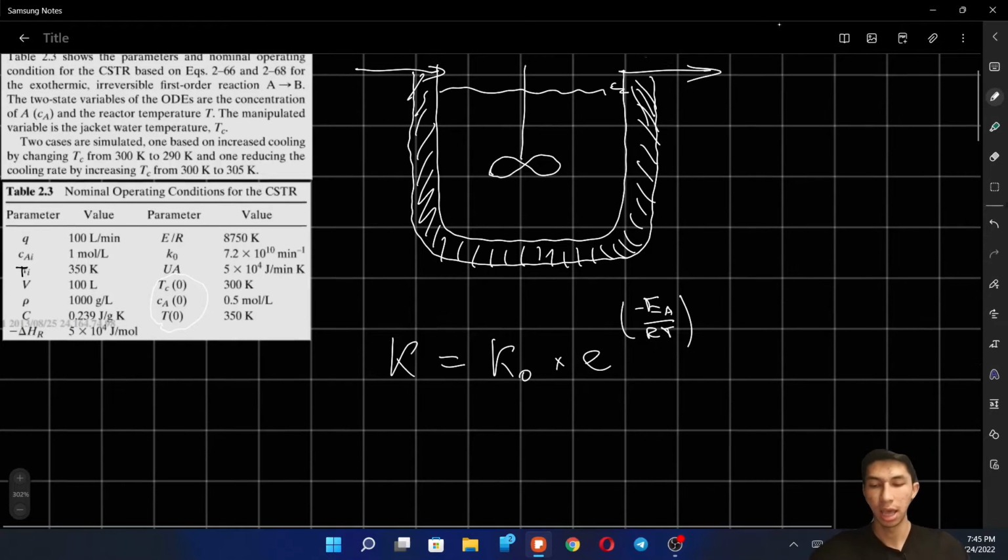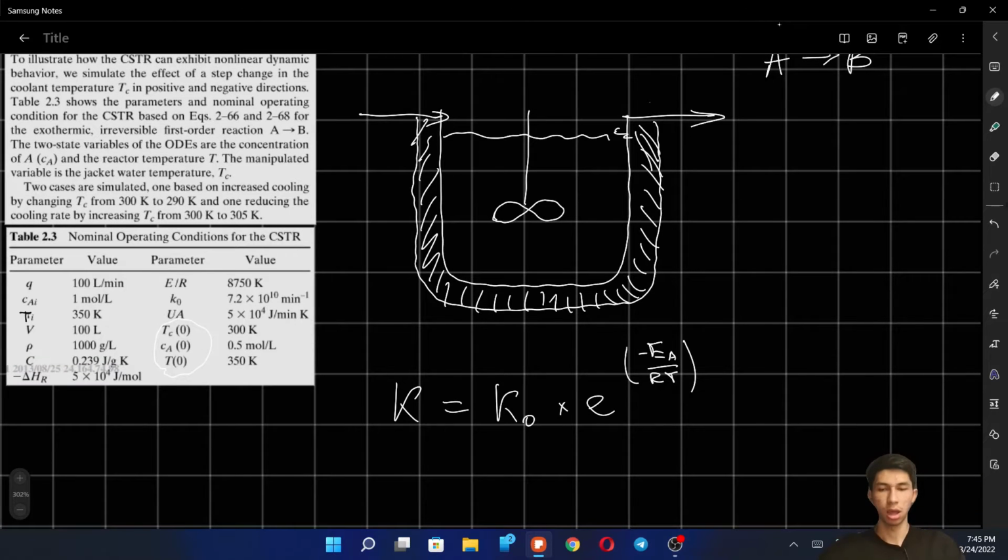And k naught is the provided constant. Here we have our k naught, 10.2 times 10 to the power, in 1 over minutes.